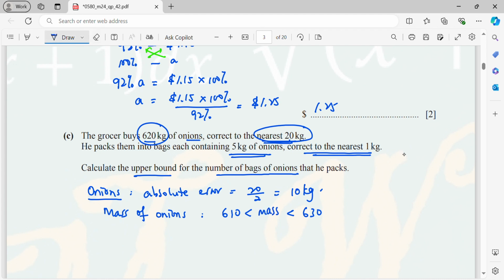Okay, now then the bags, alright, he packs them into bags each containing 5 kilograms of onions. So now from here I will just write this is mass, right? So this is the total mass. I will write total mass. This is the mass of each bag.